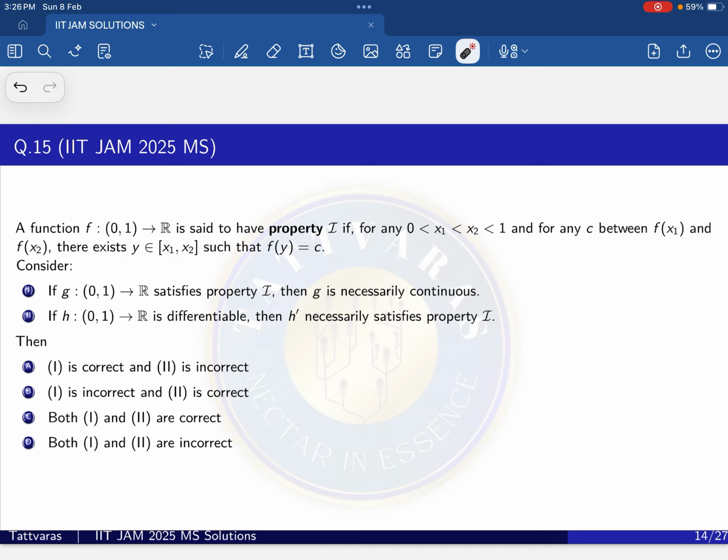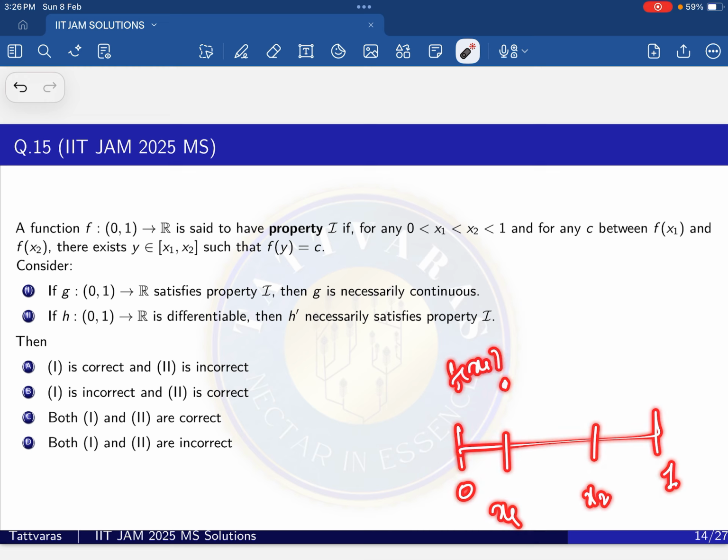So in a fancy way they are saying that if you take this set (0,1), both ends excluded, and take any x1 and x2, this will be some f(x1), this will be some f(x2). So you can think of these two values.